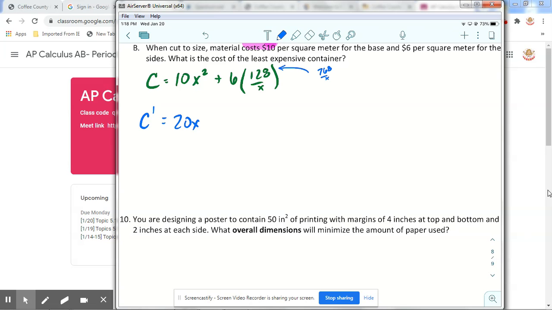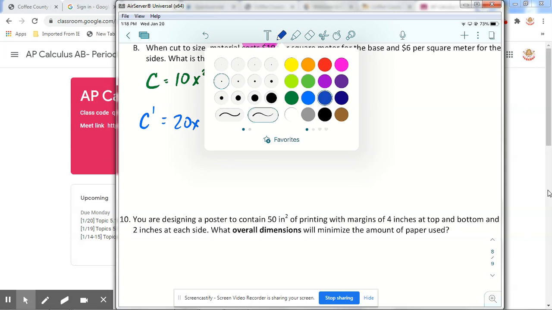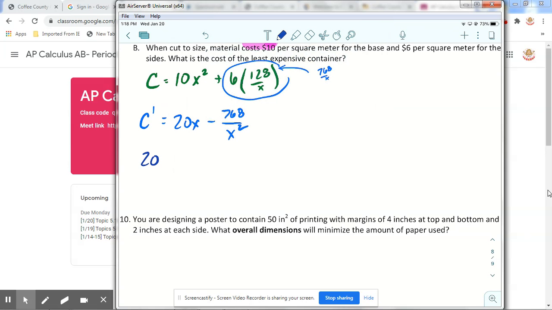All right, so then when I do the derivative of that, I'm going to change the sign and put 768 over x squared. Okay, then I want to know when that equals 0. All right, and that's very similar to what we just did.